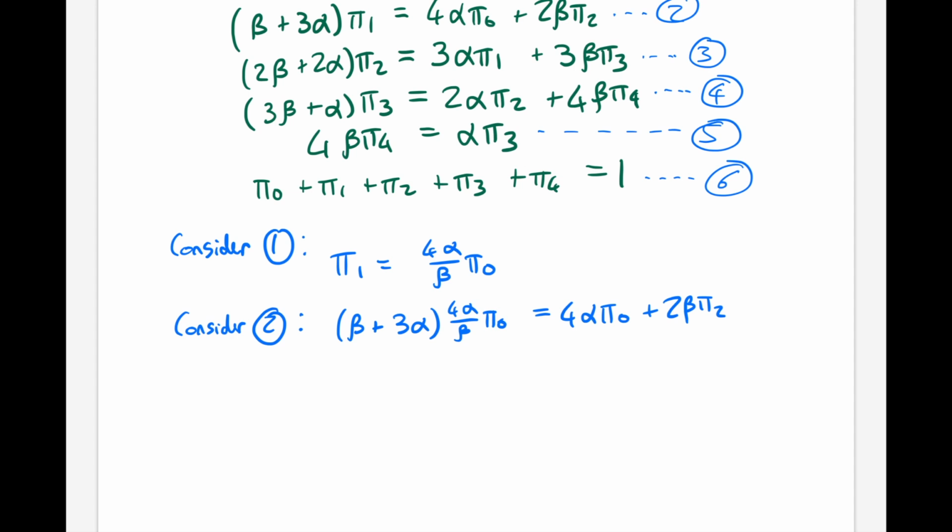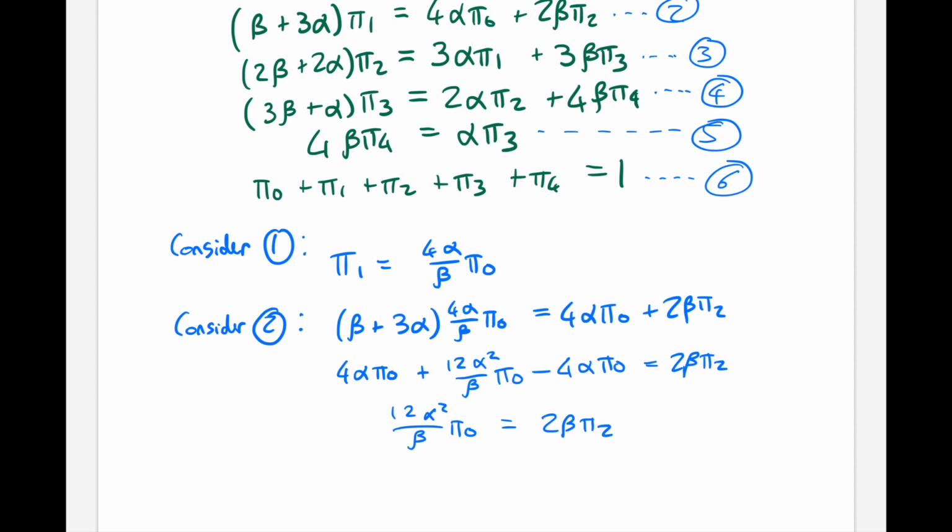Expanding this out, we would get 4 alpha pi 0 plus 3 times 4 is 12 alpha squared over beta pi 0 minus 4 alpha pi 0 is equal to 2 beta pi 2. Simplifying, we will get 12 alpha squared over beta pi 0 is equal to 2 beta pi 2, which is going to give us pi 2 is equal to 6 alpha squared over beta squared pi 0.